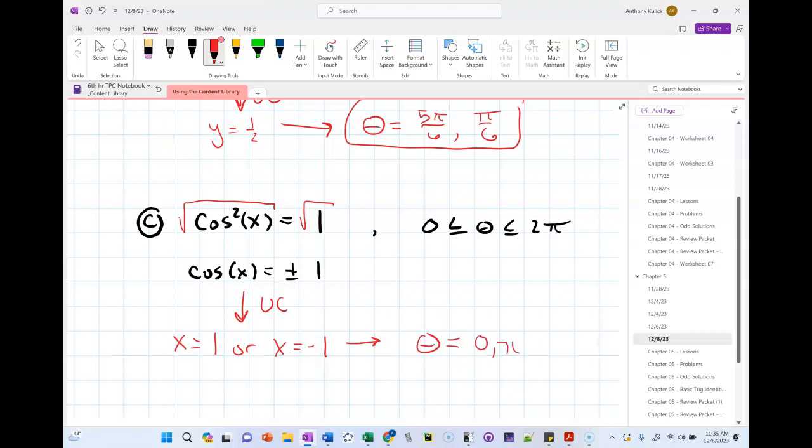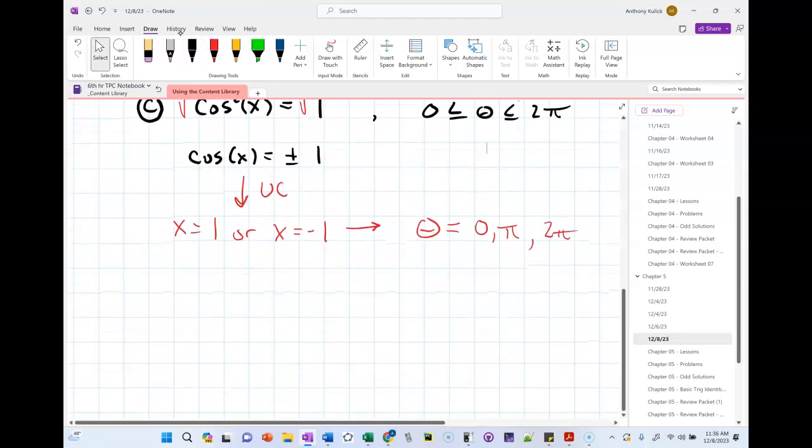Okay, 0, pi, and keep in mind right here it says or equal to 2 pi, and 2 pi and 0 are the same, are coterminal. So 2 pi should count in this case also, right? As you travel all the way around the unit circle, 2 pi is at the same spot as 0, so it'll have the same point. And 2 pi is an allowable answer because it's an or equal to inequality at the 2 pi. Everybody okay with that one? So there we got 3 answers.